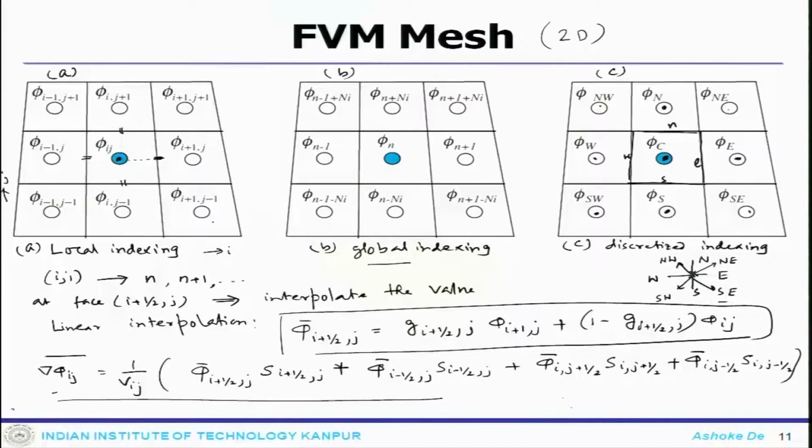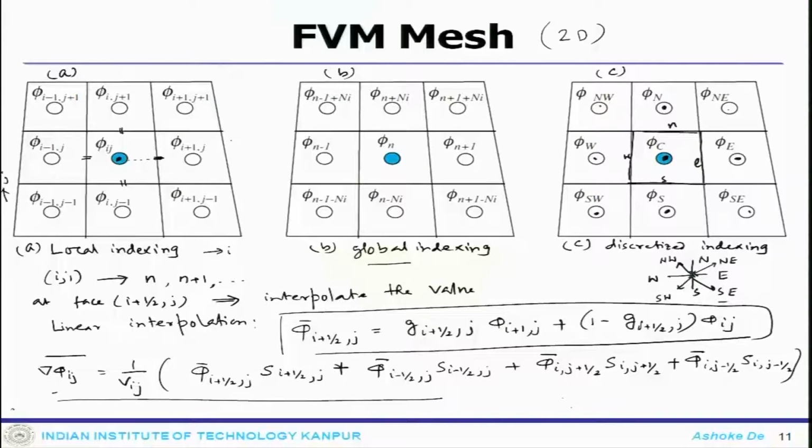Figure A was a local indexing, where you have an element at i j location, then ahead of it the i plus 1 j location, and behind it i minus 1 j. So the local indexing means you move along the i and j direction, that is essentially in your coordinate system or referencing system, the x and y direction. Once you move along them, you get some local indexing for the system.